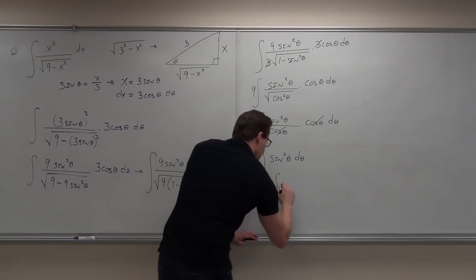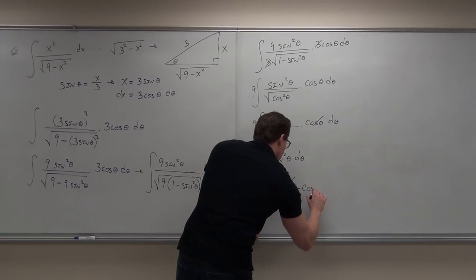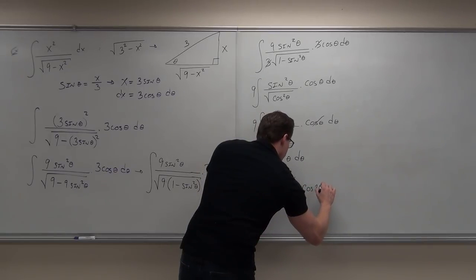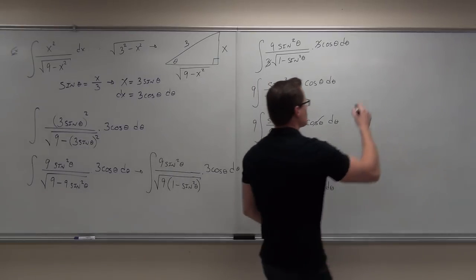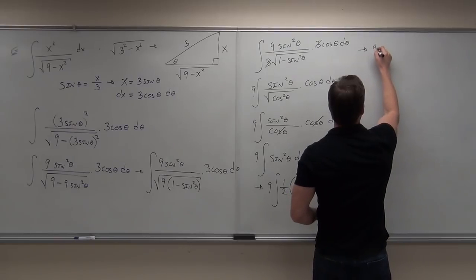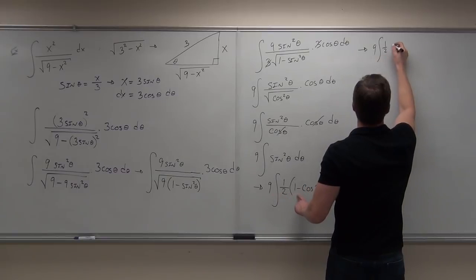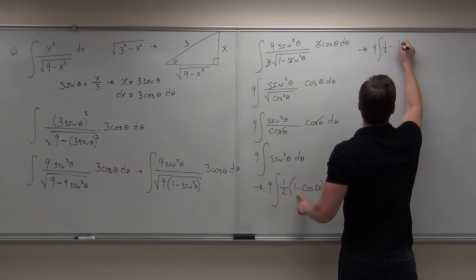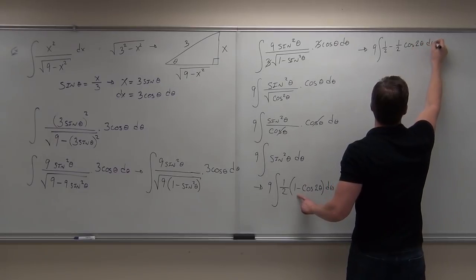So if I did half angle, we could do 1/2, 1 minus cosine 2 theta d theta. One half minus 1/2 cosine 2 theta d theta.